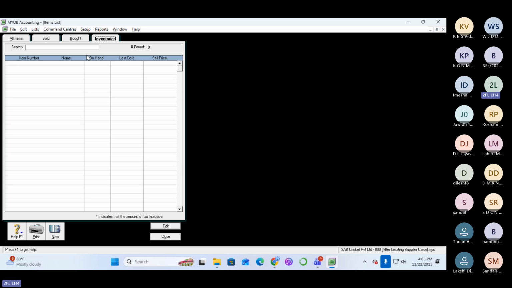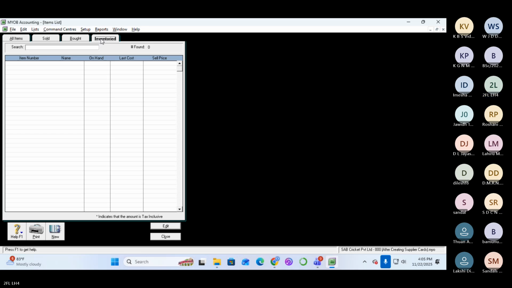So you can understand these three tabs are linked to the three ticks you have to select when you are creating the item. When you were creating the item, I buy this, I sell this, and I inventory this. There were three ticks. Those three ticks are linked to these databases. If I sell this, it will appear under sell. So, clear? Right. Now you know how to create an item.